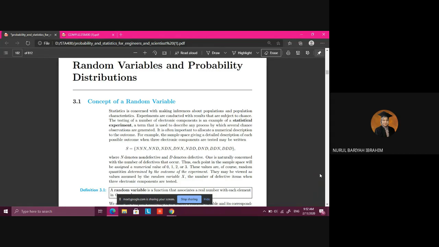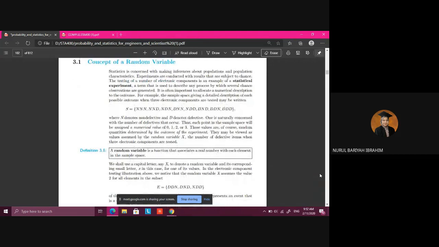Okay, so what is a random variable? Actually, I have briefly explained random variables in the first lecture, the introduction of statistics. You need to know how to determine whether a random variable is discrete or continuous, since finding the probability distribution for discrete and continuous random variables is different.